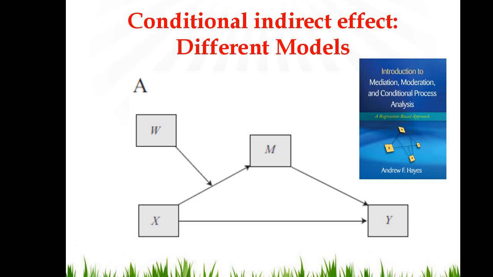The first one is this one. Here in this case, X is affecting M and Y, and M is in turn affecting Y. So X is having an indirect effect on Y through M, whereas the X to M relationship is influenced by W, the moderator.